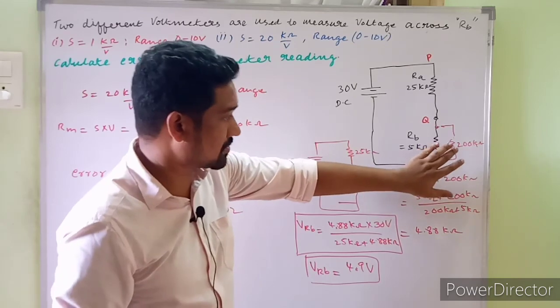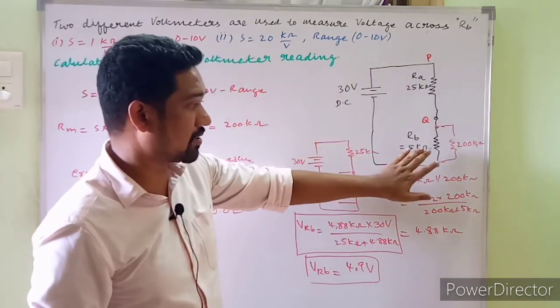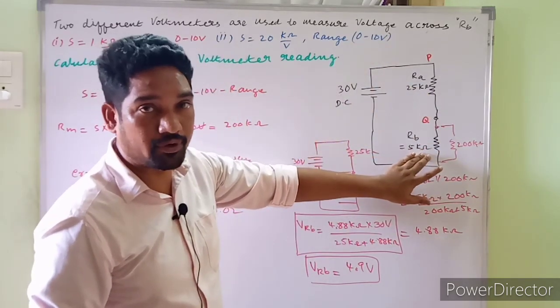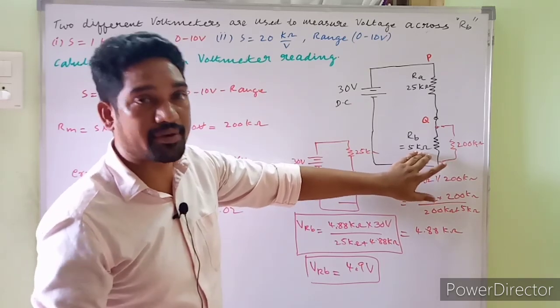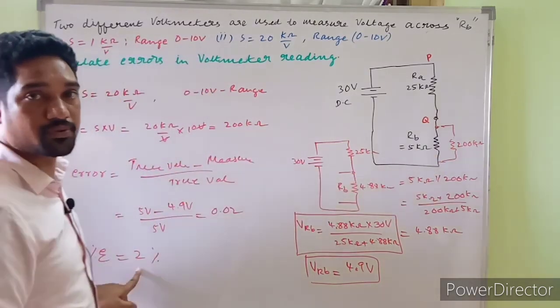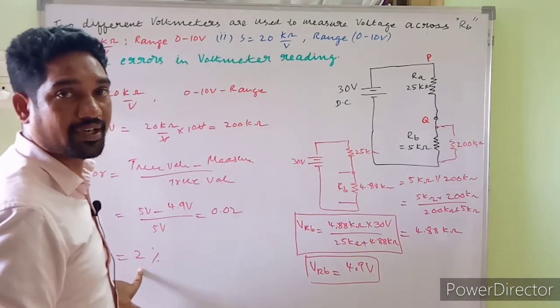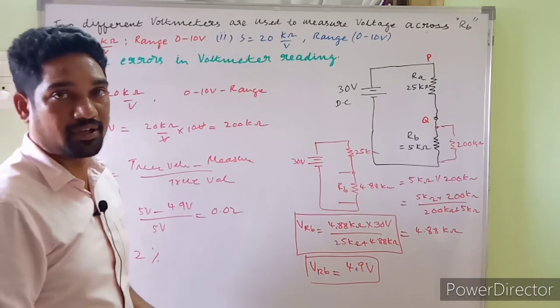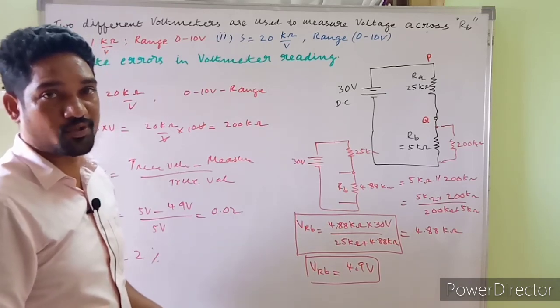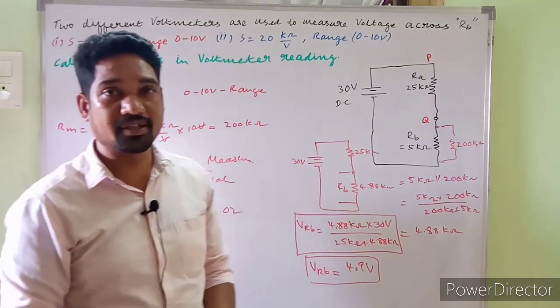All this discussion comes under the category of loading effect. In order to avoid loading effect and reduce the error in the measured value, we have to select a voltmeter with a higher sensitivity; a higher value of sensitivity is to be preferred. So I hope you understand the numerical.